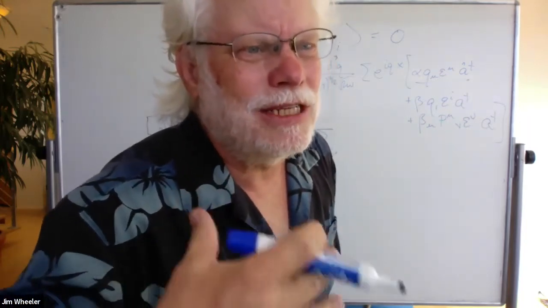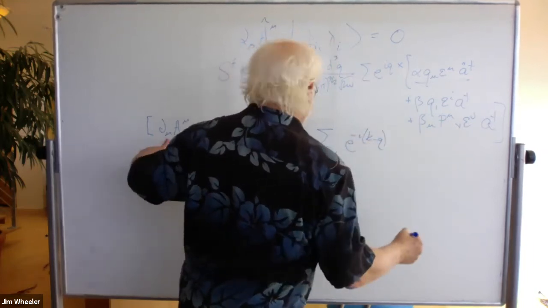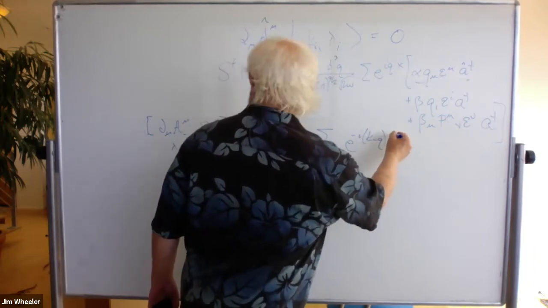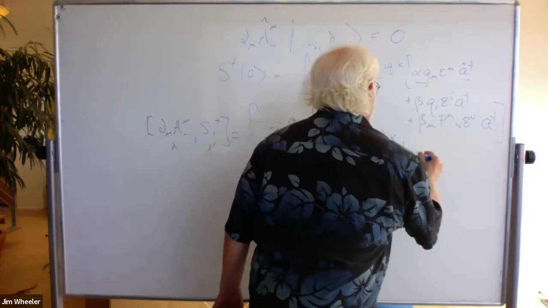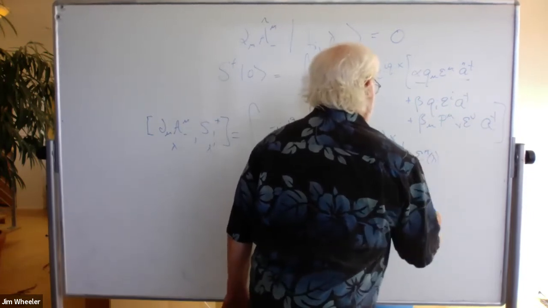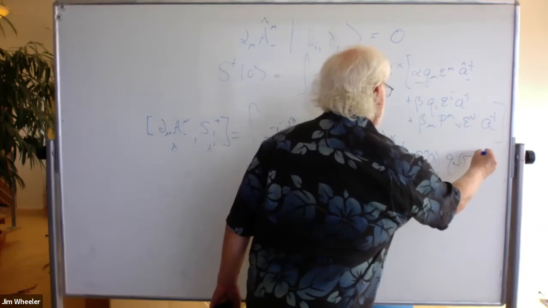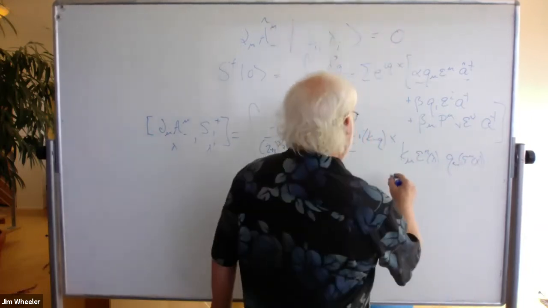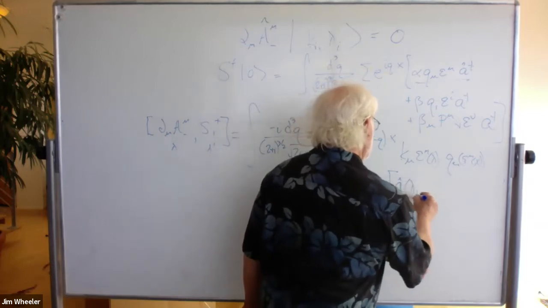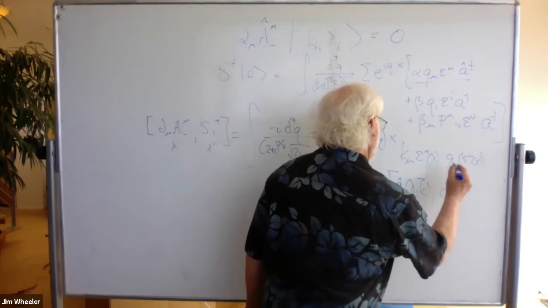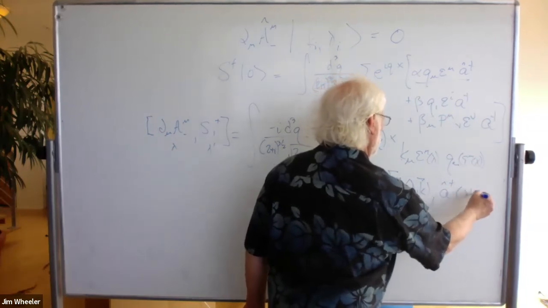I'm substituting in the Fourier expansion for the vector potential. Then this is e^{ik·x}. Then we have k^μ ε_μ of λ, and here q^μ ε_μ of λ′. We get both of those. And then we get the commutator of the â of λ, k with this a† of λ′, q.